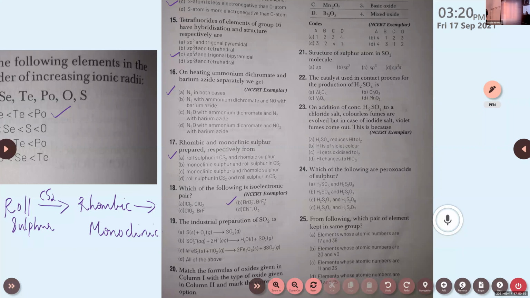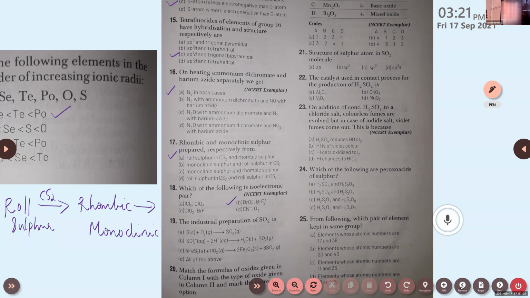B. SO3 2 minus plus 2H plus gives H2O plus SO2. C. 4FeS2 plus 11O2 gives 2Fe2O3 plus 8SO2. D. All of the above.